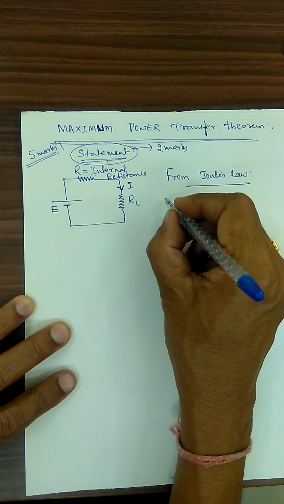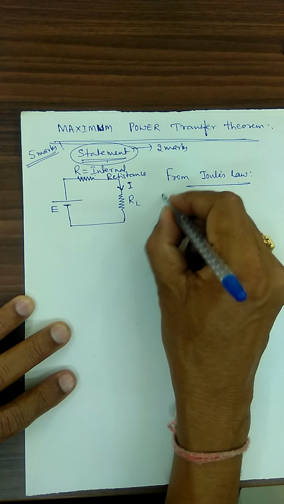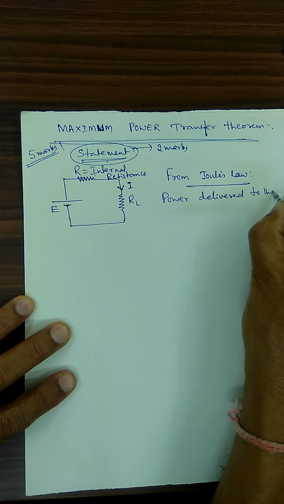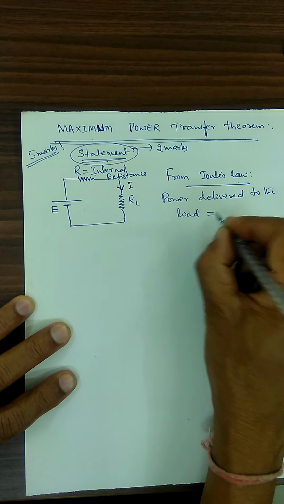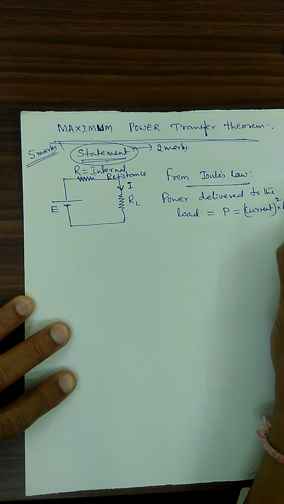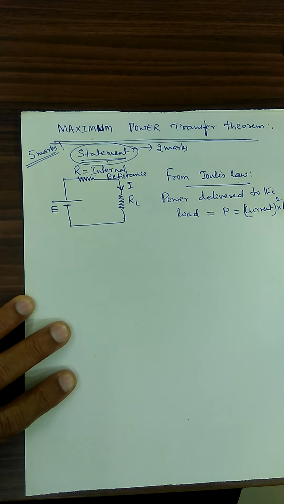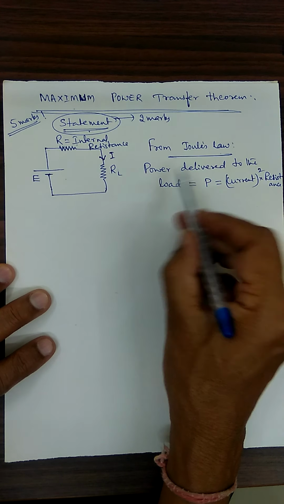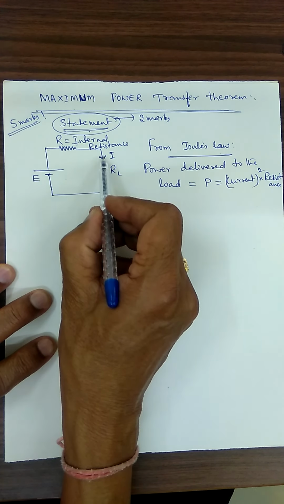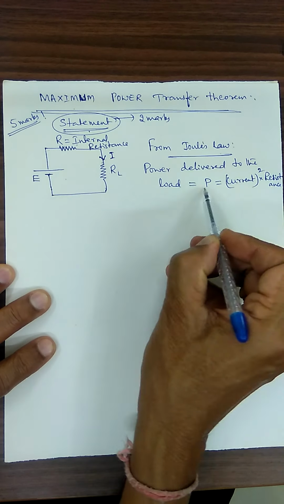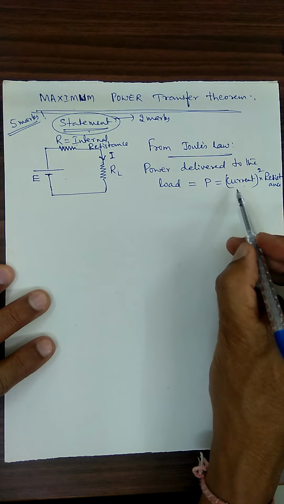According to Joule's law, the power delivered to the load, P, is equal to current squared into resistance. Power is equal to I squared R.